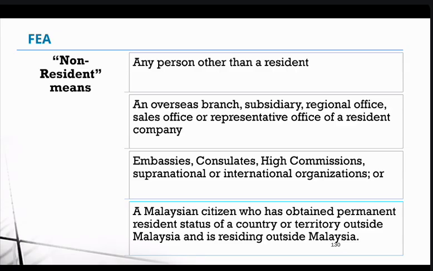How about this? That's right, Justin. You got it right. Yeah, it's non-resident. That's right. Good. Well done.